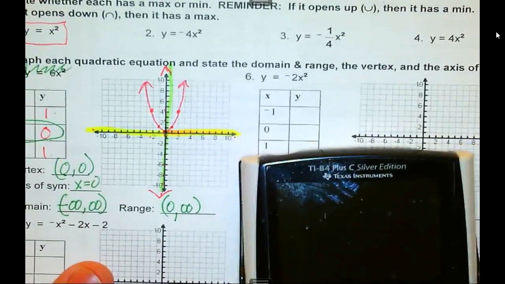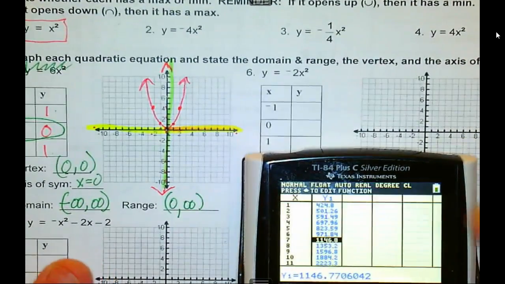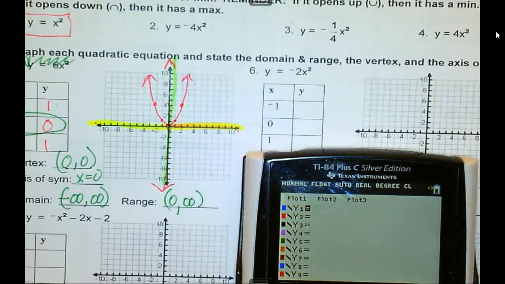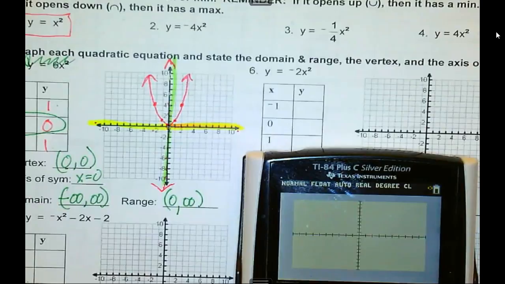That's right, put it in my calculator. Go to your y equals and put in negative 2x squared. Don't put in minus, put in negative. Hit graph. Go to your table.